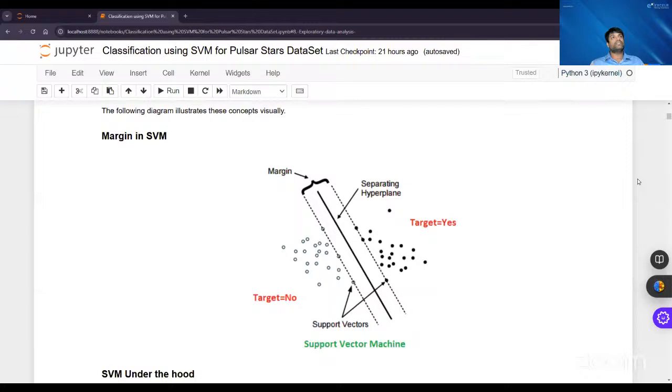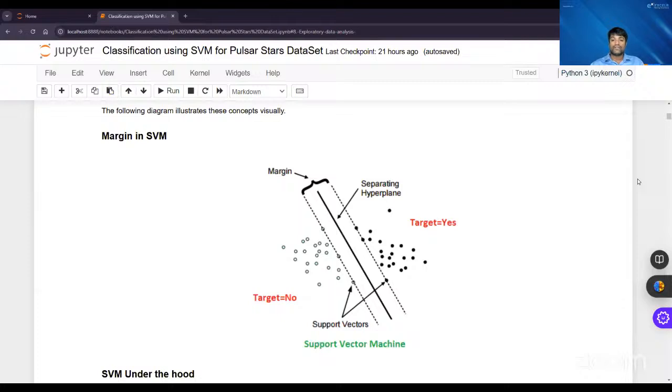So further research has been done, and once they identified that this hyperplane can divide in support vector machines, the next important thing that came into existence is the margin. This margin creates a kind of shield for the hyperplane. You can see here, the blue points are the no category, and the black points are the yes category.